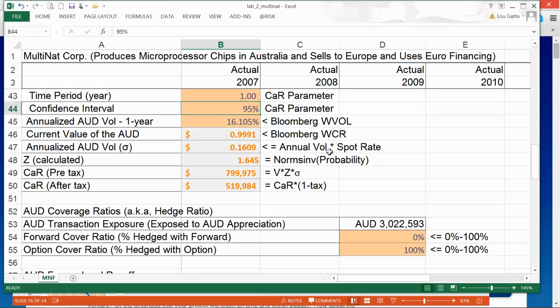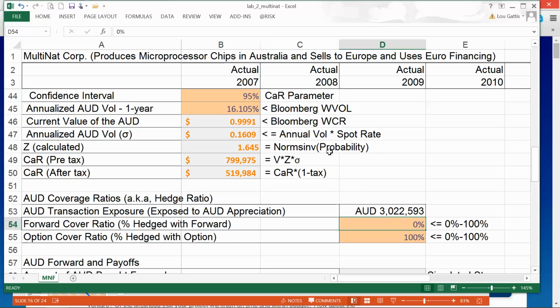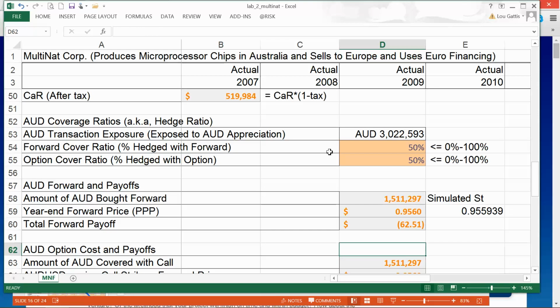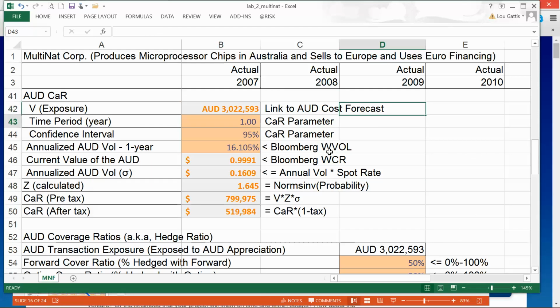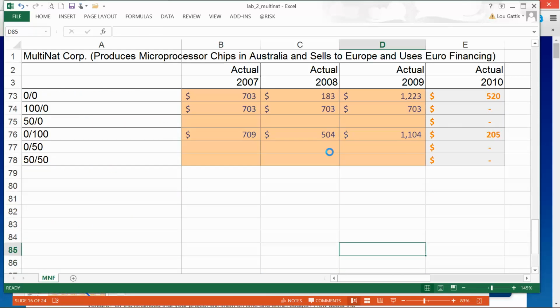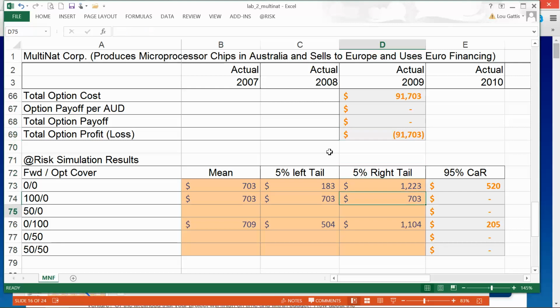So what that means is you're just going to change this to, say, 50, 0, run the simulation, record the results, change this to 0, 50, 50% options, no forward, and then do 50-50, half your position covered with a forward, half your position covered with an option. Run the simulation, fill in this table, and then that's all the data you need to get.